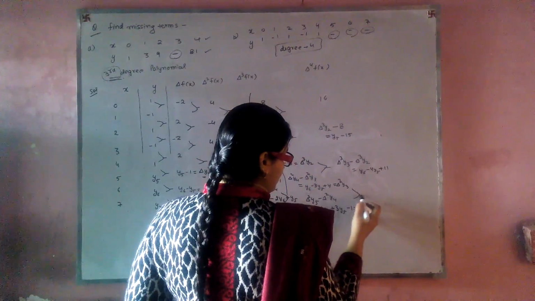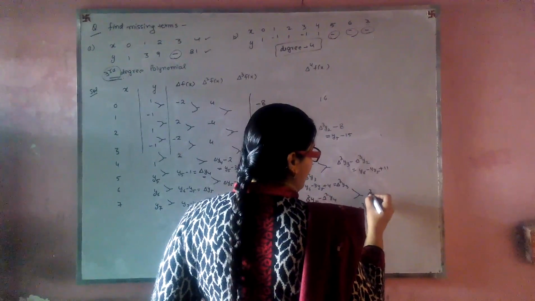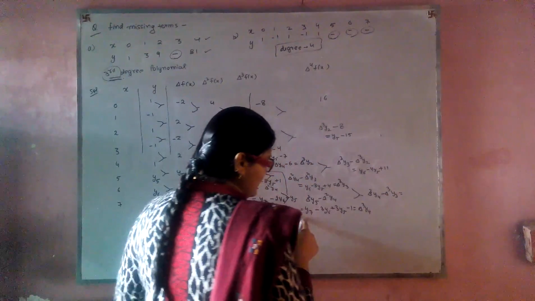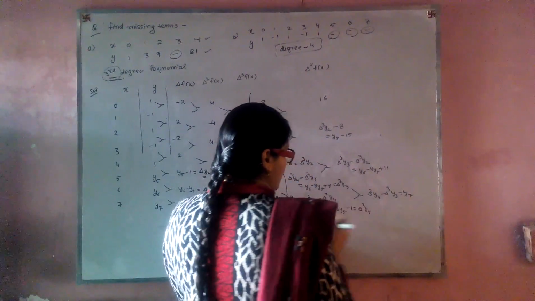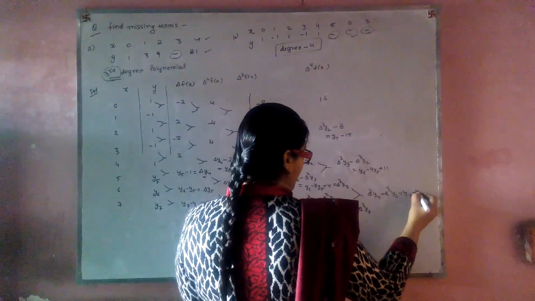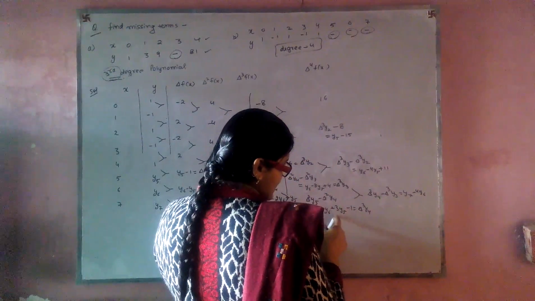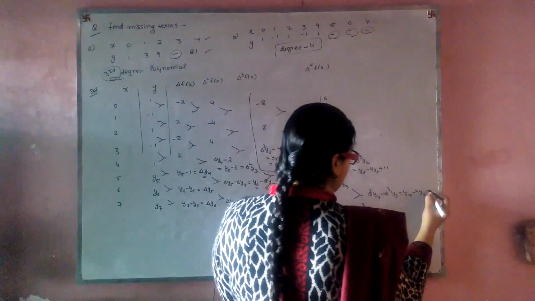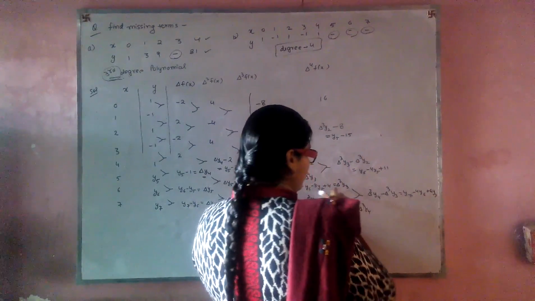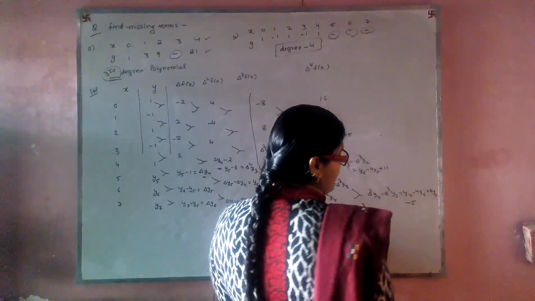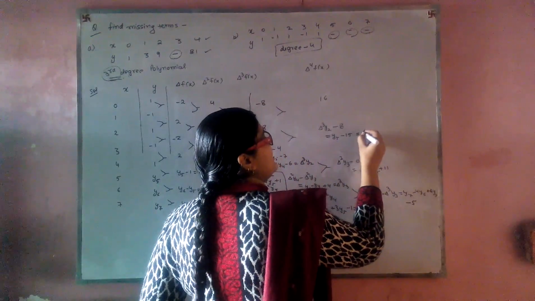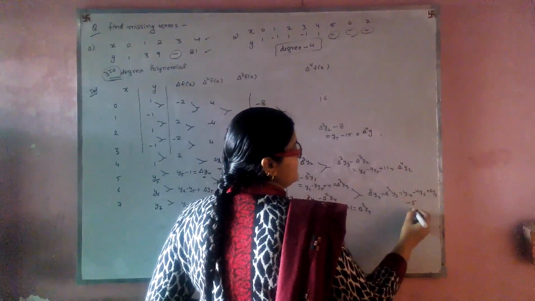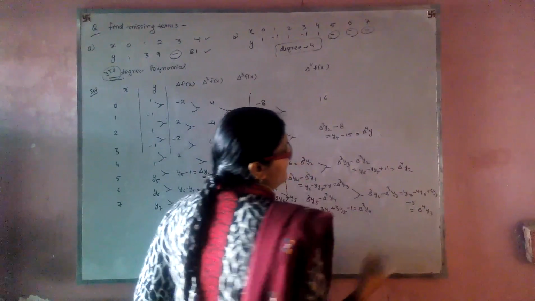And this becomes delta 3 y4 minus delta 3 y3, that is y7 minus 3 and 1, 4y6 plus 3y5 and plus 3y5, that is 6y5 minus 1 minus 4 minus 5. Okay. This is delta 4 y1, this is delta 4 y2, and this is delta 4 y3.